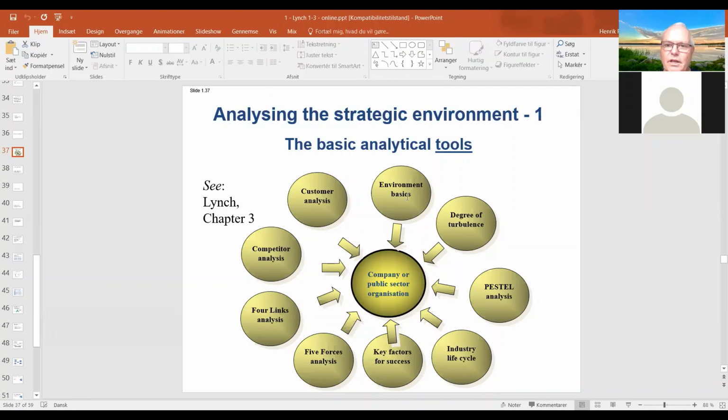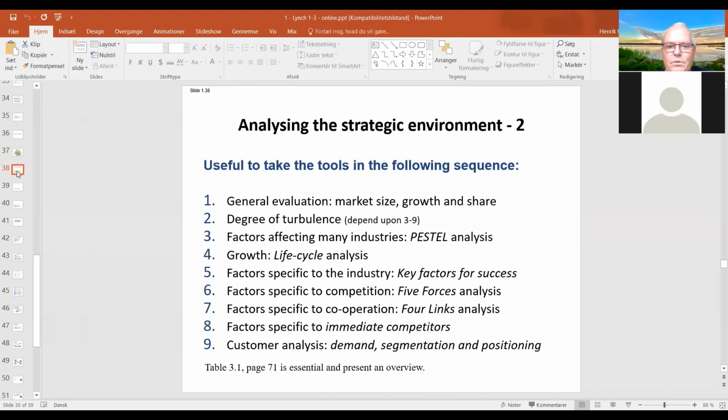But I'll try to work a little bit more with especially environment basics. We'll dig a little bit more into PESTEL analysis, industry life cycles, key factors, and 5 forces. These are the ones that I'll focus mostly on. So getting started, you can see here, and I just mentioned down here, that table 3.1 on page 71, in the latest edition, is quite essential, and it presents this overview as well.